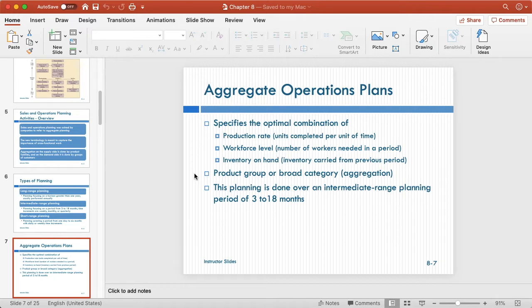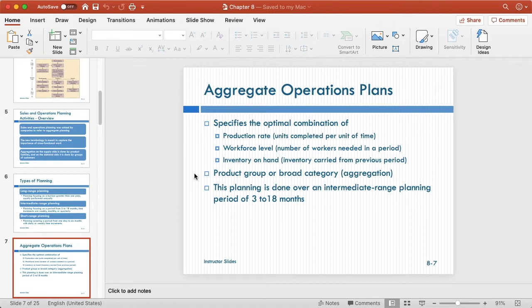First of all, the main purpose of aggregate operations planning is to specify an optimal combination of the production rate, workforce level, and inventory on hand, which is shown in this slide.